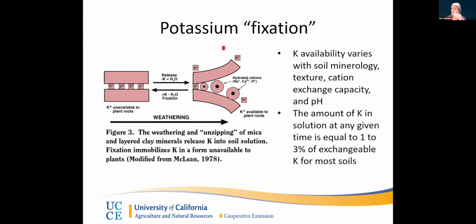Regardless of texture, at higher pH we tend to see a decline in availability. And the amount of potassium in soil solution at any given time is probably only about 1 to 3% of the exchangeable potassium for most soils.